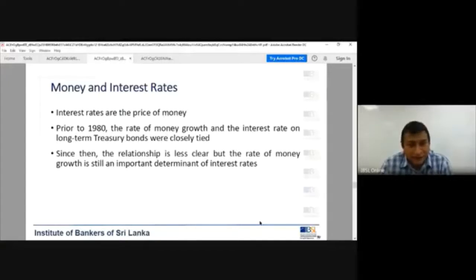So the explanation here is the relationship is a little muddier, if not less clear, in recent years, but the rate of money growth is still an important determinant of interest rate. There are other ways of managing inflation and interest rates, but you still see money supply. You blindly increase money supply, you probably end up creating inflation and then high interest rates in the economy.